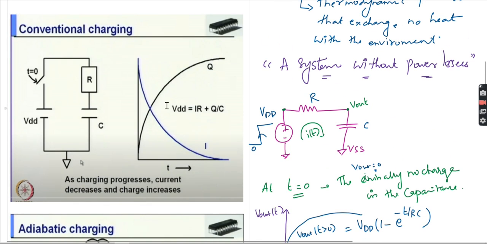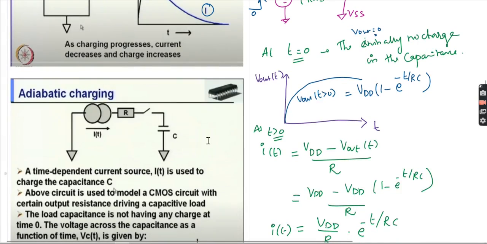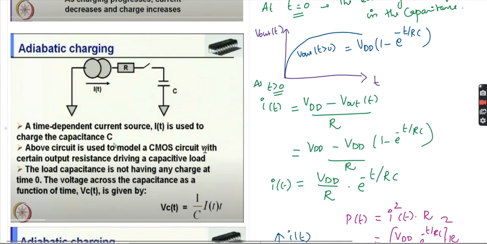See, for the charging, these two graphs here: this is about your voltage, this is about your Q charge graph. This will be your current, this will be your charge actually. So what we are saying is adiabatic charging.